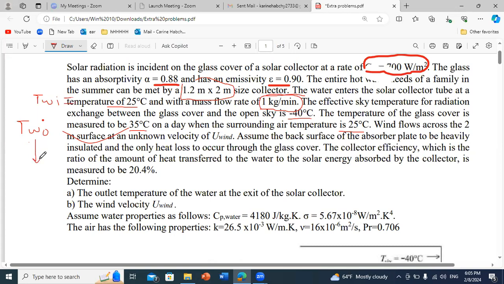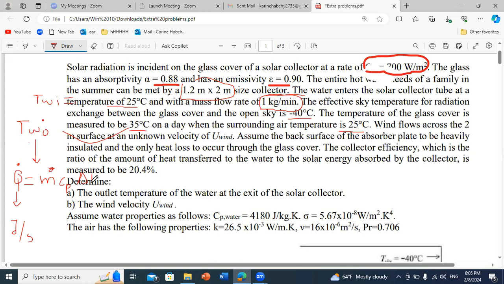Because water will extract heat from the solar collector, and Q dot extracted by water, we know already that whenever we have a liquid or a solid taking sensible heat, the sensible heat can be calculated as mCp delta T. And if we want to calculate a rate, in joule per second, all we have to do is multiply the mass flow rate m dot times the specific heat Cp times delta T. So here we have everything about water.